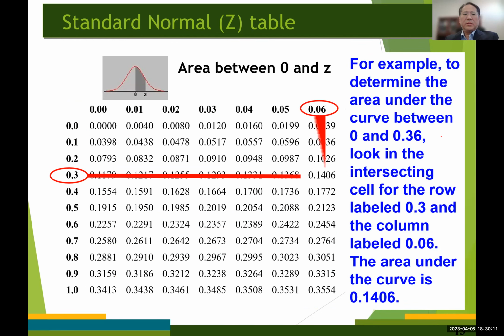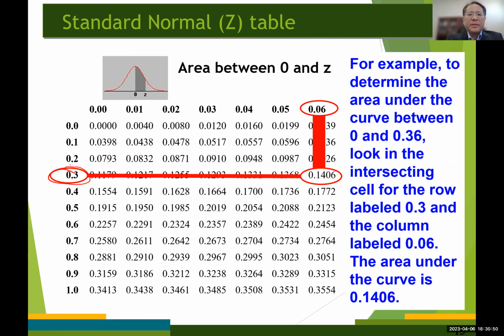Oh, I see. So this screen just shows a sample of the standard normal distribution table. To determine the area under the curve between 0 and 0.36, for example, you need to look in the intersection cell for the row labeled 0.3, right?